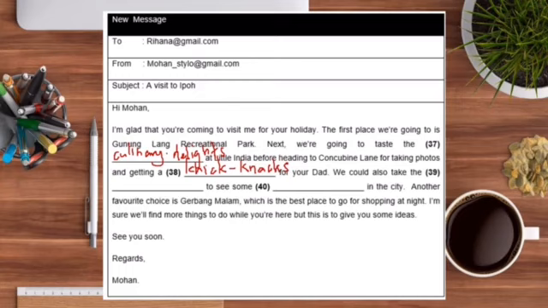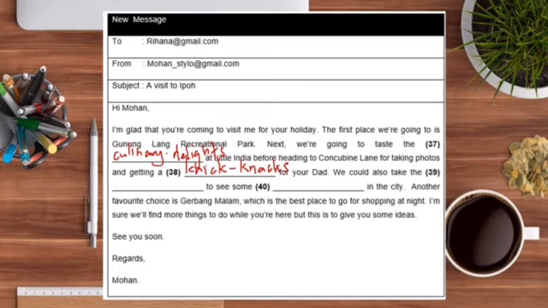Number 39: we could also take the blank to see some blank in the city. The word city here is actually a clue as well. So you find the column where the word city is.